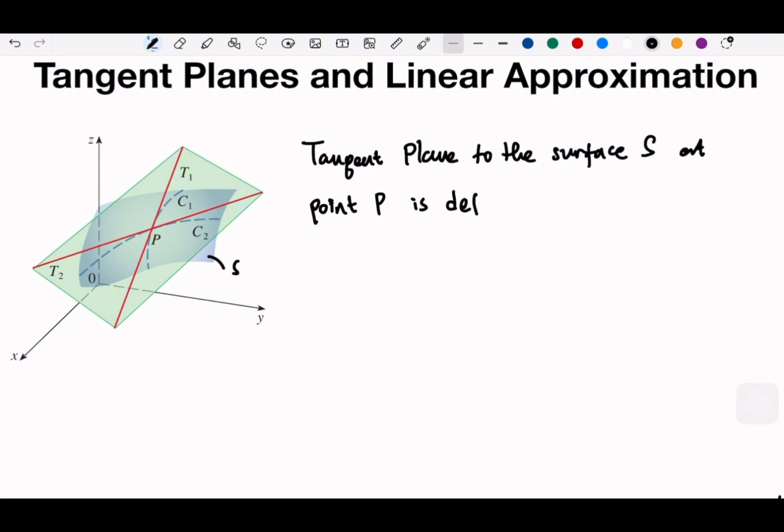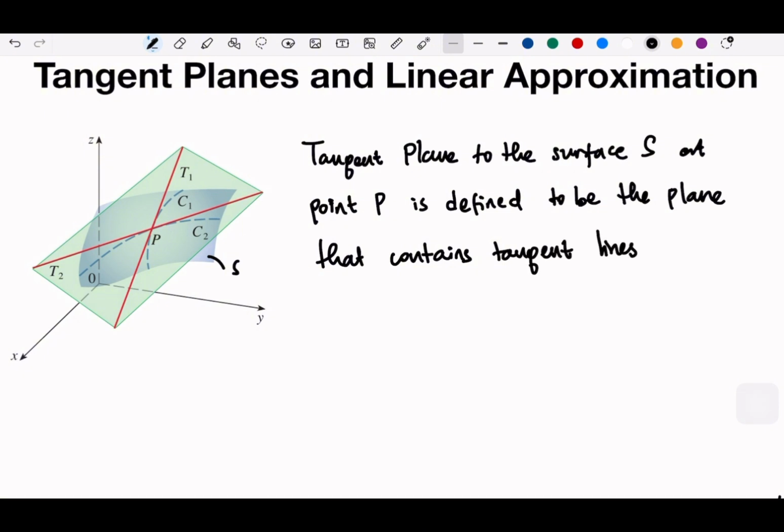is going to be defined as the plane that contains tangent lines T1 and T2.